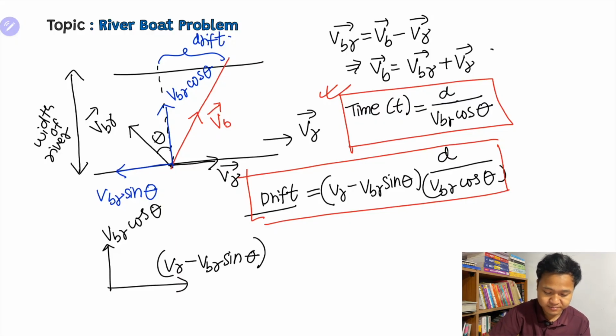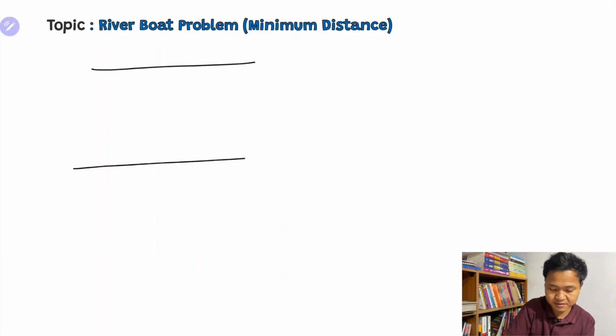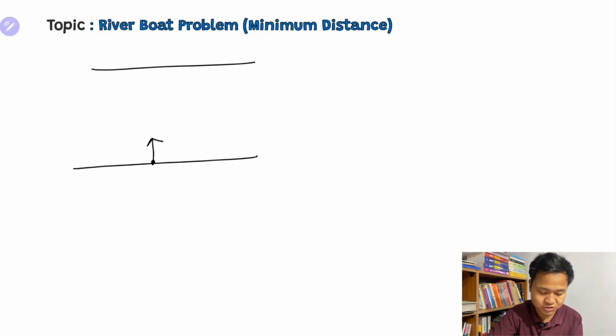One more thing. You have minimum distance questions. Sometimes they ask you what is the minimum distance. Suppose I have a river and the boat tries to cross the river. This is VR.